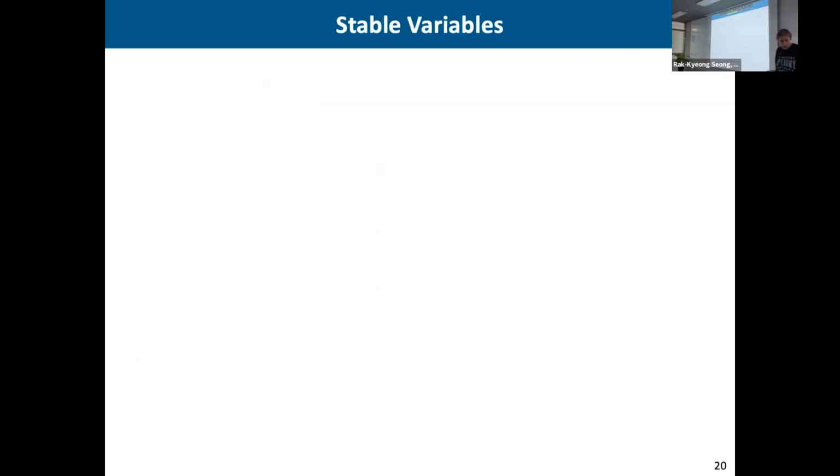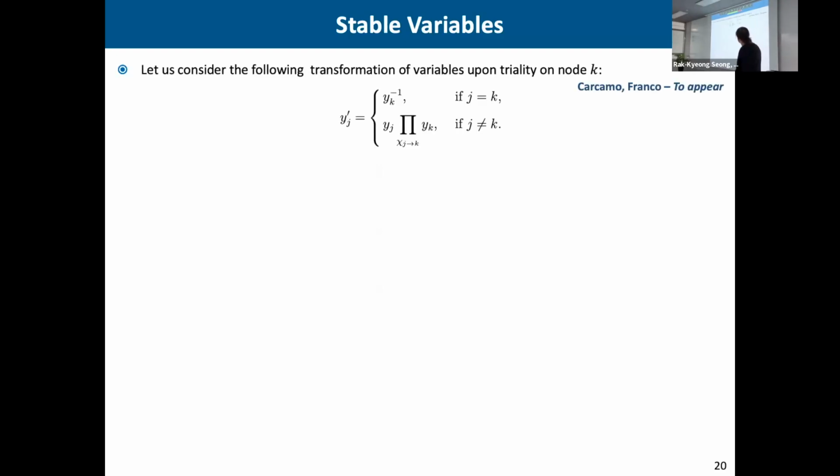So do I have 5 more minutes? Yes. So the next title is called Stable Variables. Remember that I told you that the coefficients transform in a very similar way as in ordinary cluster algebras.